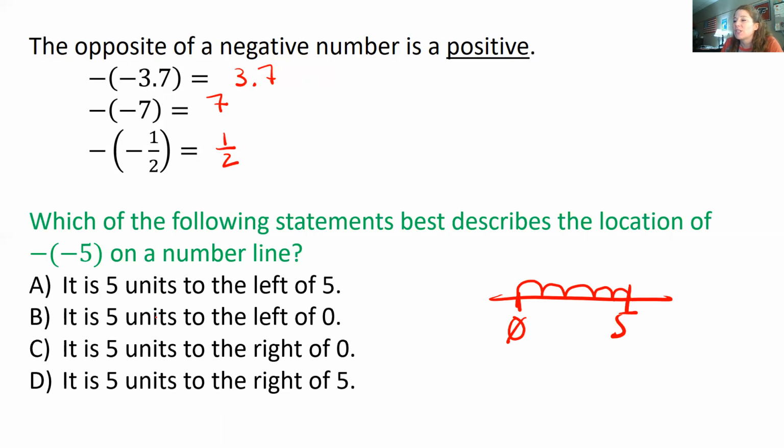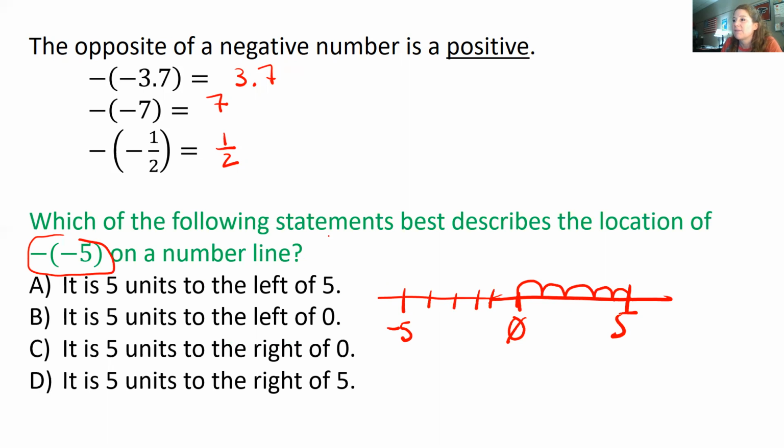Is it 5 units to the left of 0? Well, 1, 2, 3, 4, 5. Is this number -5? Is that the right answer? No, because what is the opposite of -5?